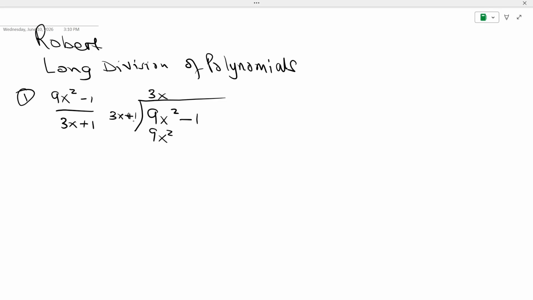Next, we multiply 3x by 1, which will give us plus 3x. So, in this case, the difference between this new expression and the first one will be minus 1 minus 3x.